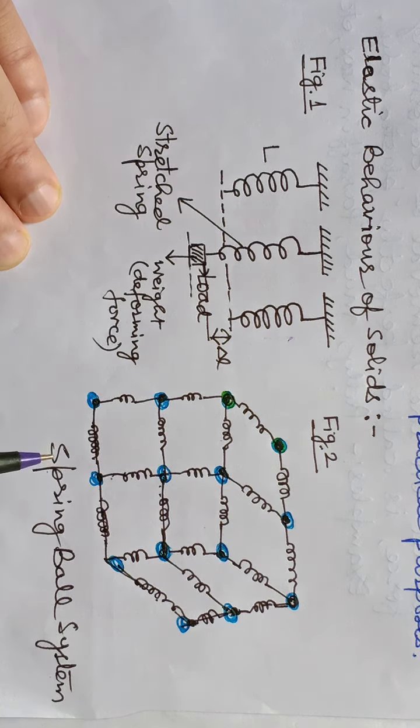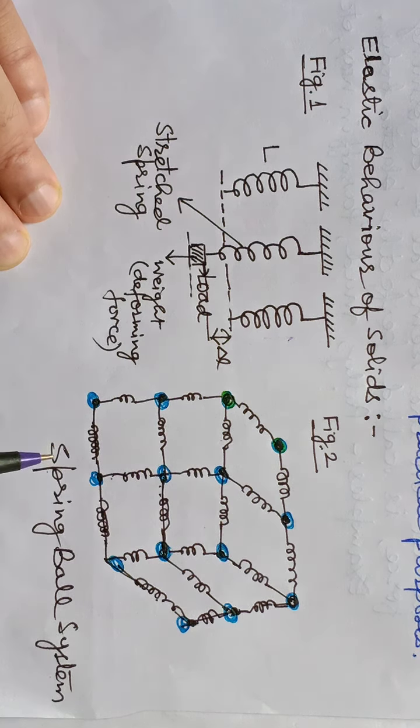solids. So a solid is composed of atoms or molecules, where each atom or molecule is surrounded by other atoms or molecules. Now one atom or molecule is surrounded by several molecules. This atom is surrounded by these molecules.